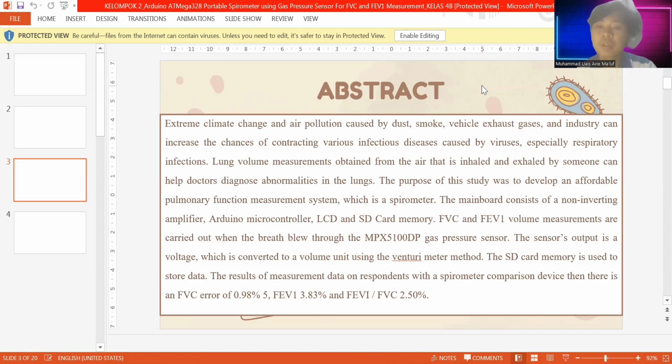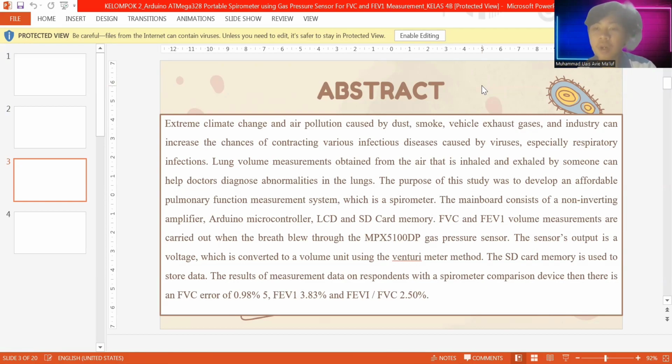The main board consists of a non-inverting amplifier, Arduino microcontroller, LCD, and SD card memory. FVC and FEV1 volume measurement are carried out when the breath passes through the MPX 5100 DP gas pressure sensor.